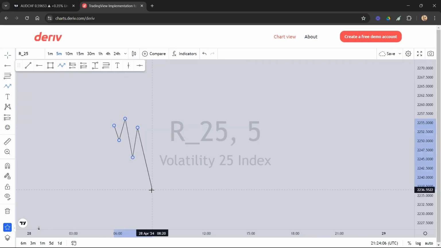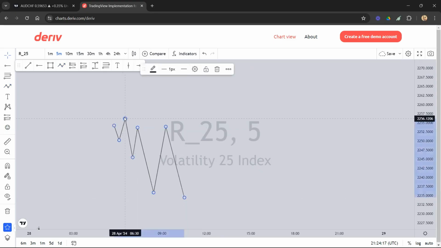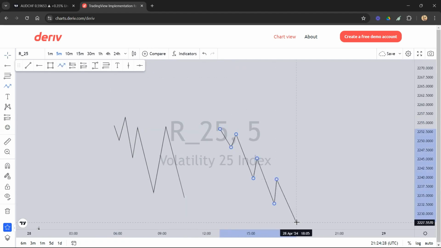We now have another low, let's say somewhere here, and another high. Now, observe the difference between this and this. This is the basic market structure.